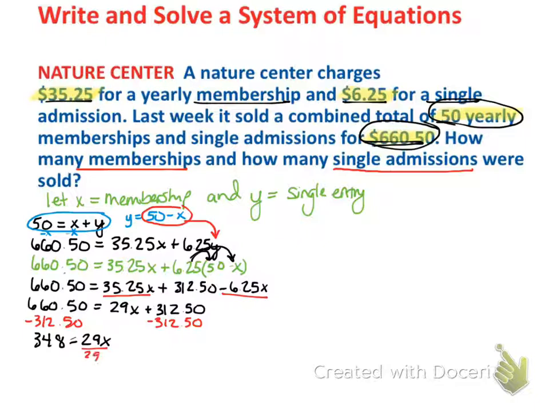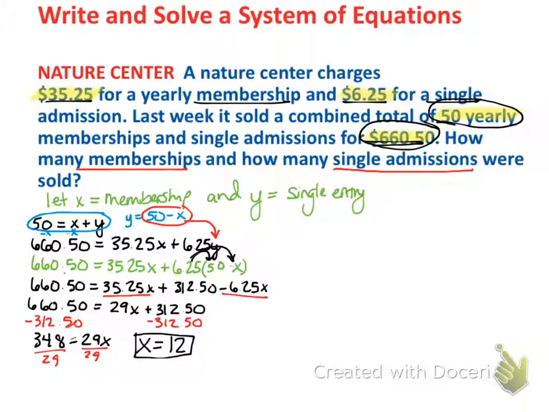Dividing both sides by 29, we get that x equals 12. Does that seem reasonable? Well, remember we have a total of 50 memberships, yearly and single. So 12 of them being memberships, sure, that's reasonable. So those are the yearly memberships.